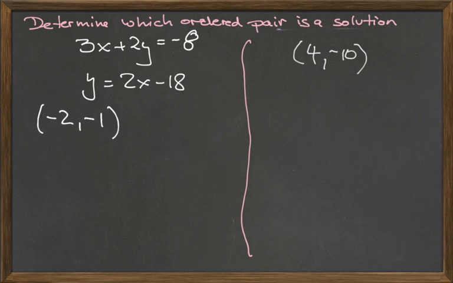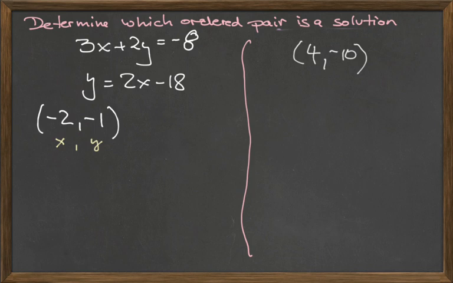So what you have to do is plug them in. -2 is your x coordinate and -1 is your y coordinate. And it has to hold true for both of them. It cannot be that you plug it into the first one, say, oh, the first one works, so yes. No, they have to be true for both of the equations. And the answer is either a yes or a no.